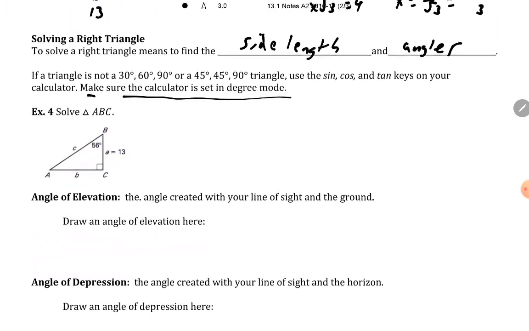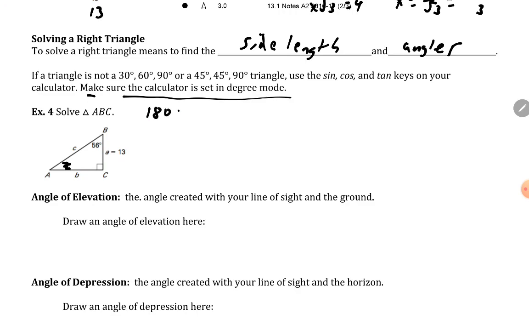So example 4, we want to solve the triangle. So first thing we want to do is find the missing angle here, and I'm going to call it Z. Okay, Z is, so remember in a triangle, any triangle, there's 180 degrees.